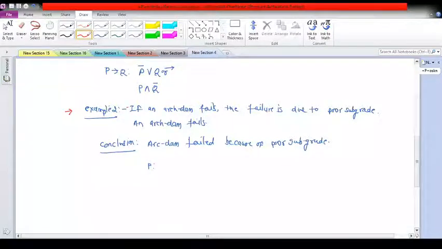This is one statement, and the second statement is an arc dam fails. So what is the conclusion? The conclusion is that the arc dam failed because of poor subgrade. So let us form the composition. So first let me write P is the symbol which will represent arc dam fail.